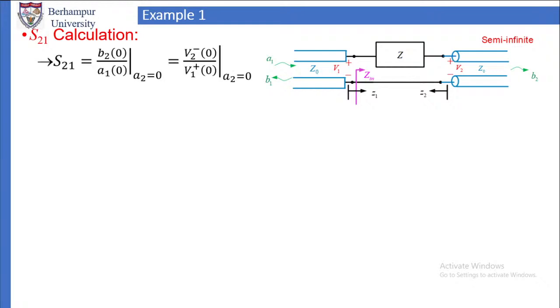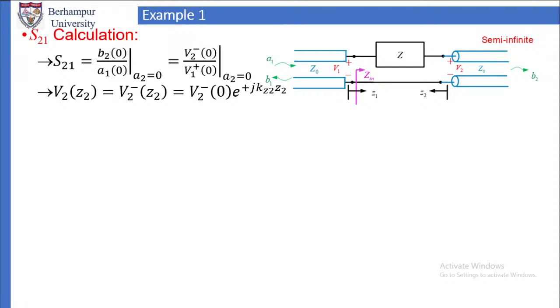Okay. Now S21 by definition is B2 by A1 at the reference point, when small z is equal to 0, for A2 is equal to 0. That you can write as V2 minus by V1 plus at the reference point when A2 is equal to 0. That is how you can write S21. Now what is V2?